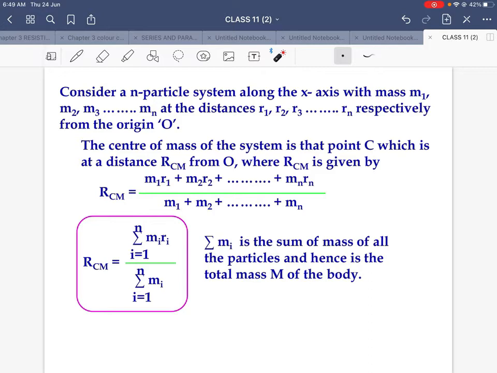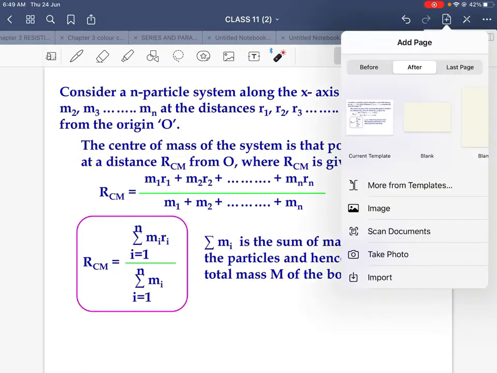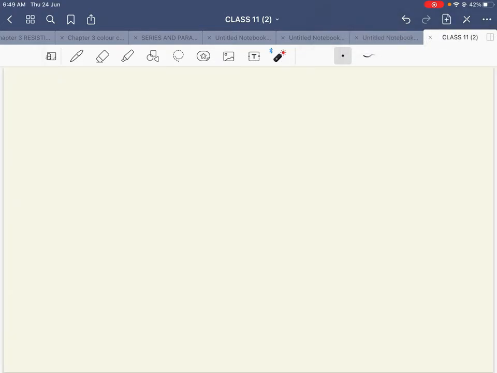But there are some situations where mass is not distributed discretely. For example, rigid bodies such as a meter stick or a flywheel in which particles are packed closely.